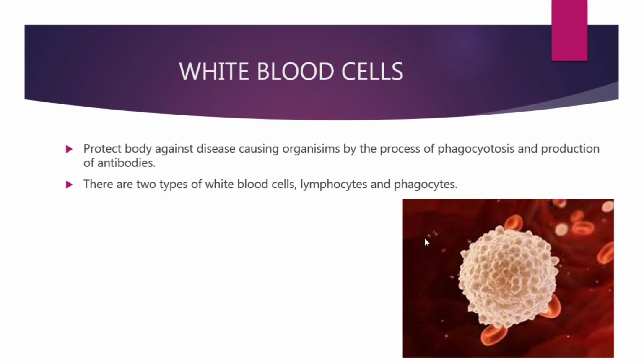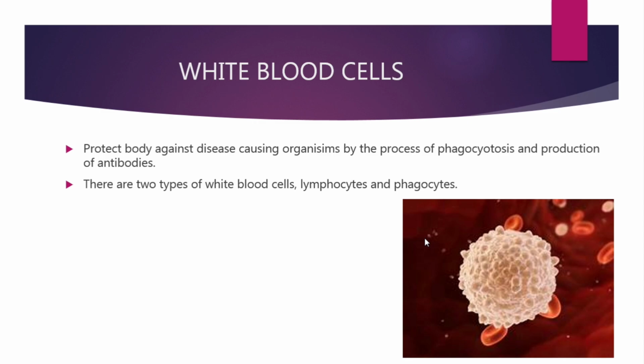Once the bacteria are clumped together, the white blood cells produce lymphocytes, which produce the antibodies to act on the bacteria or the pathogen. Once the antibodies are produced, they directly target the pathogen and destroy it by engulfing it or digesting it.